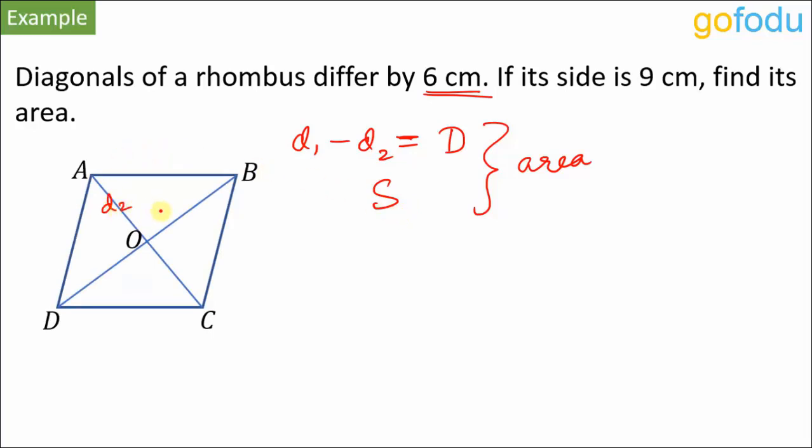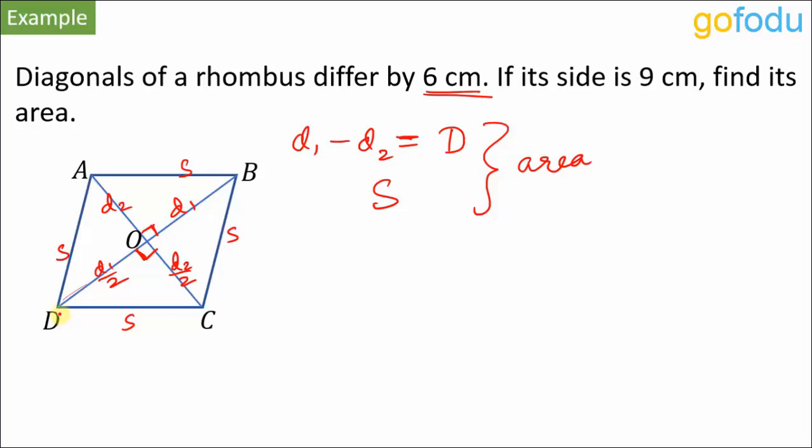Diagonals are D2 and D1, sides are S, all 4 sides are equal. Now diagonals of a rhombus bisect each other at 90 degrees. So this angle is 90 degrees. They bisect means this DO will be D1 by 2 and OC will be D2 by 2. And this angle here is 90 degrees.